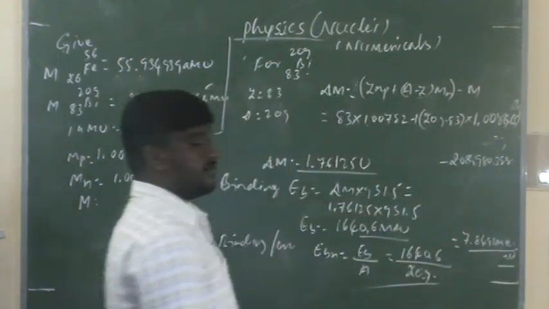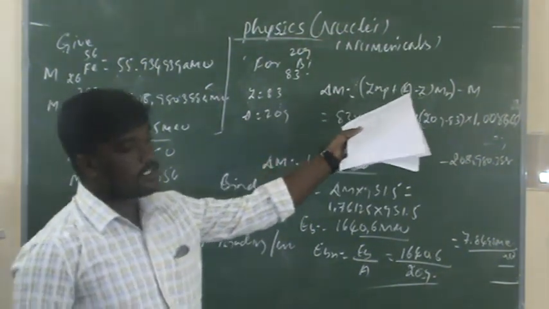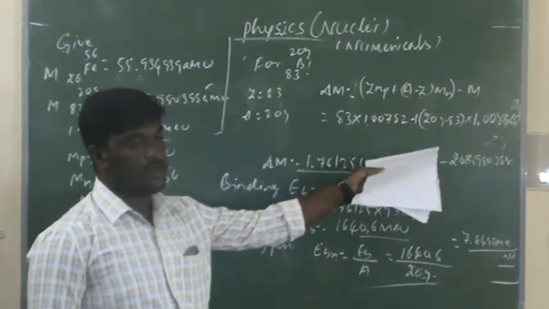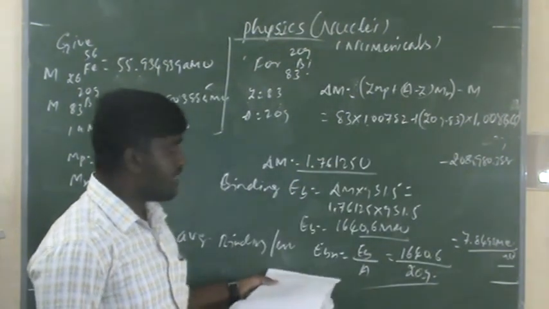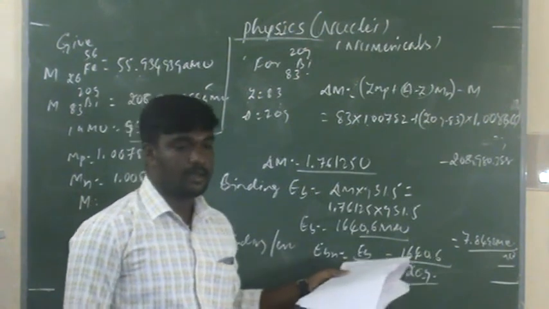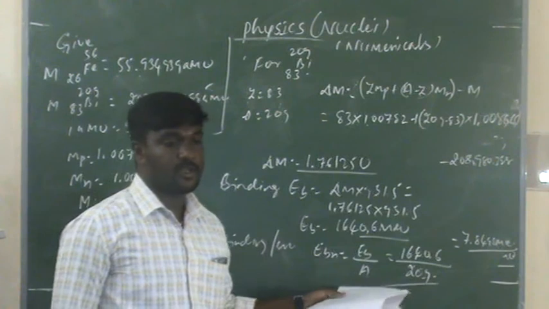This is the answer for this numerical. First we find the mass defect using the formula, then the binding energy, then the binding energy per nucleon. Clear?